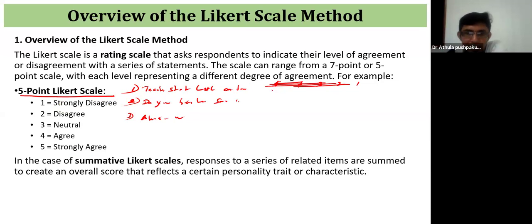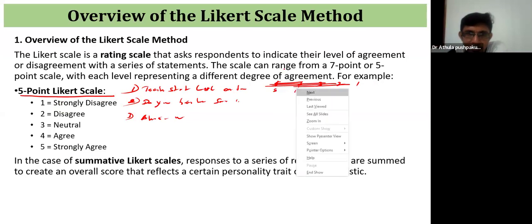Strongly agree means how? I'll say to you, this scale is 1, 2, 3, 4, 5. So I'll use it now. Therefore, I'll keep firstly 5 and 4 with this statement. 5, 4, 3, 2, 1.